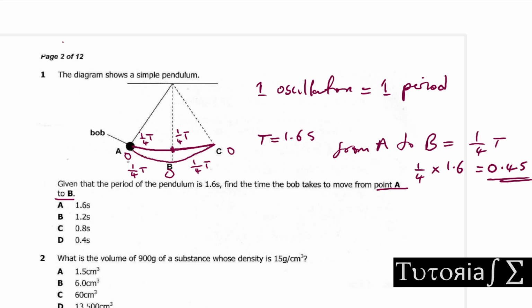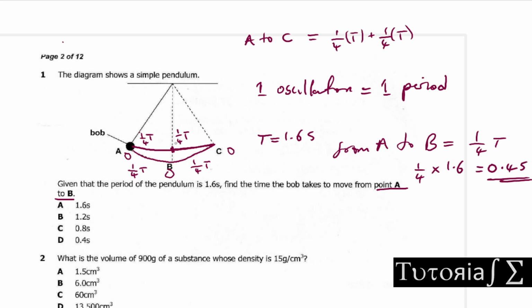If we're asked to find the time it takes to move from A to C, that will be this time plus that time. So it will be 1 over 4 the period plus 1 over 4 times the period. You just plug in the period there and there, then you add.